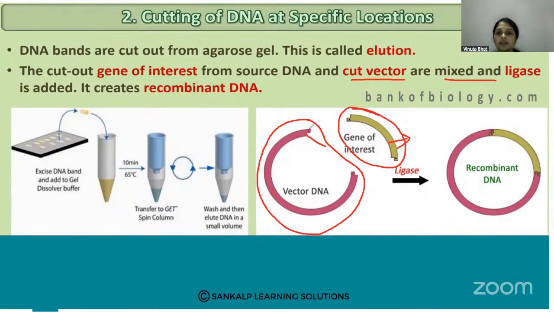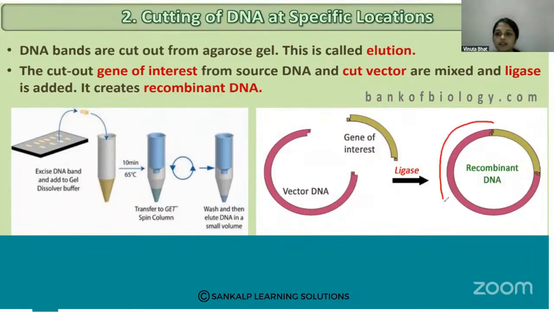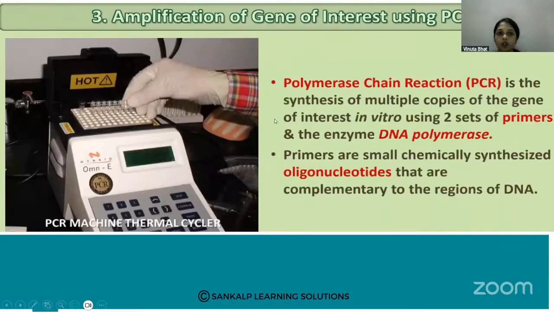Both are mixed with the ligase enzyme. This ligase enzyme forms the recombinant DNA. So now this is called the recombinant DNA molecule. Now we have the recombinant DNA molecule.